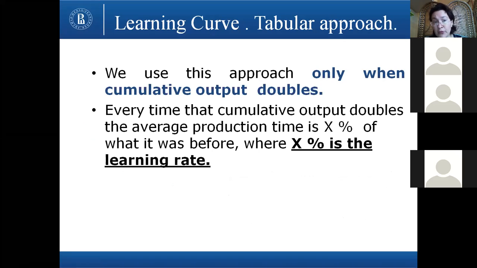And let's look at my example. I use the tabular approach in my example. We can use this tabular approach only when we are talking about cumulative output that doubles.